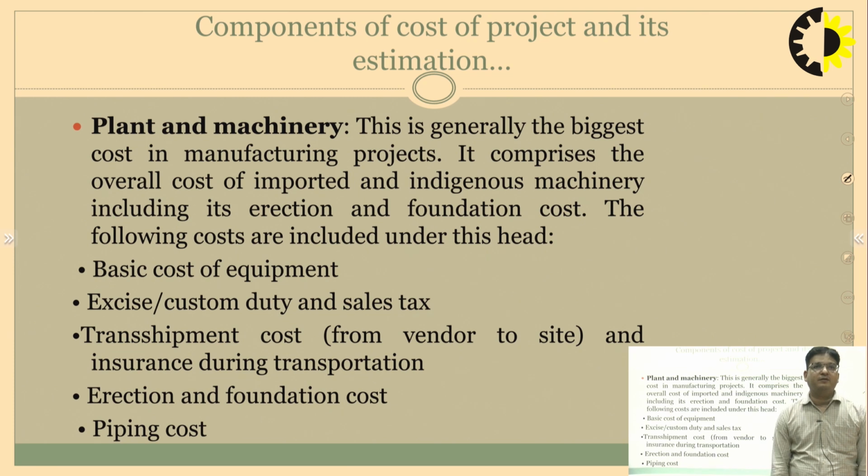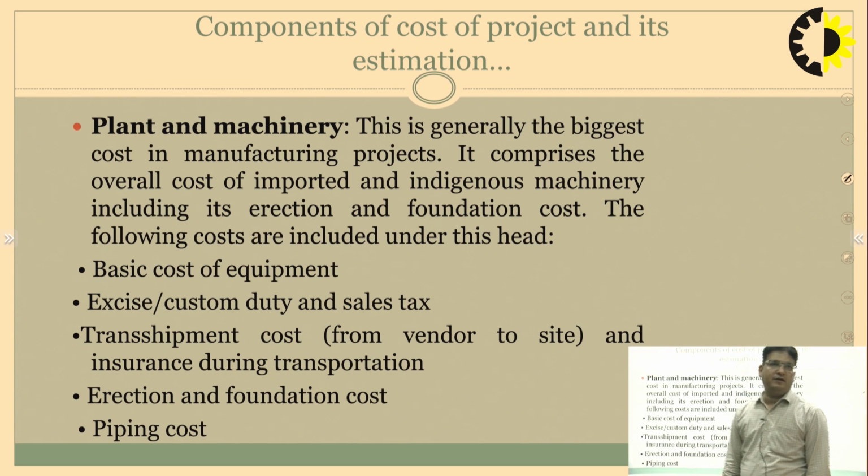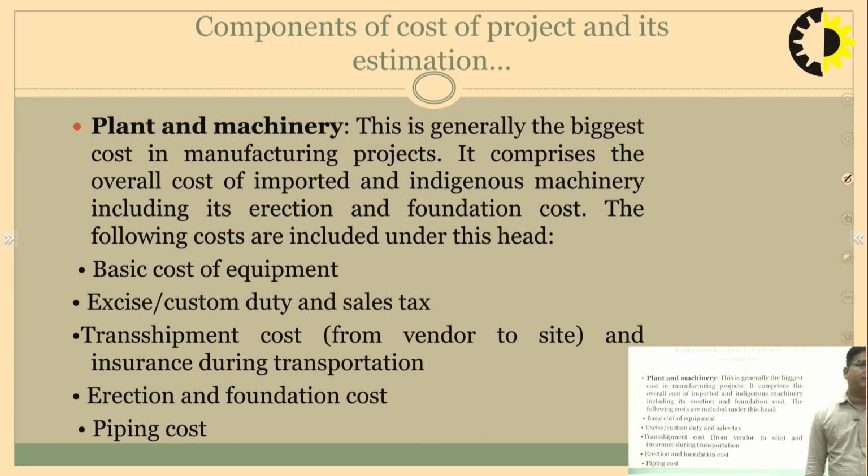Generally, imported things are expensive, and indigenous machinery may be also. Thereafter, we need to erect it. Then the foundation of that machinery will be laid out in case of mechanical or civil related projects. The following costs are included under this head: basic cost of equipment, excise duty, and customs duty whenever we are bringing it from outside.